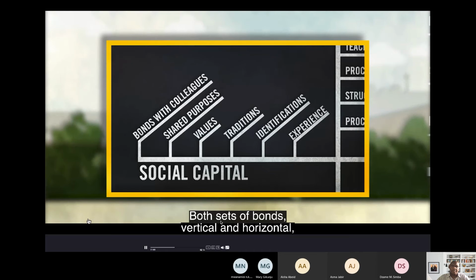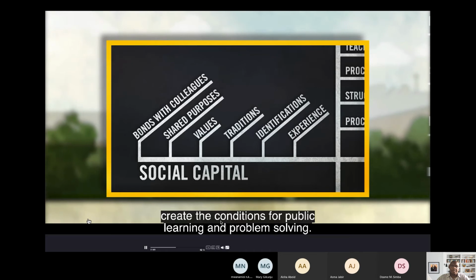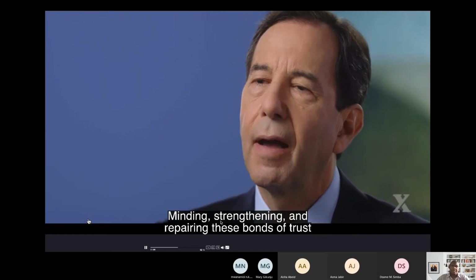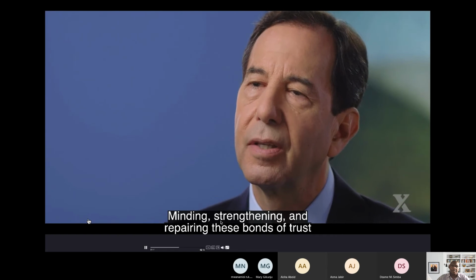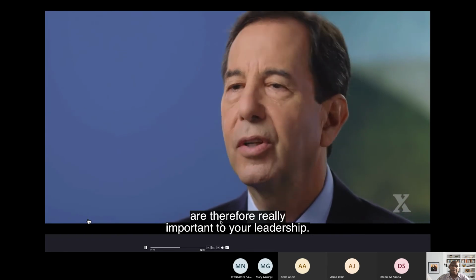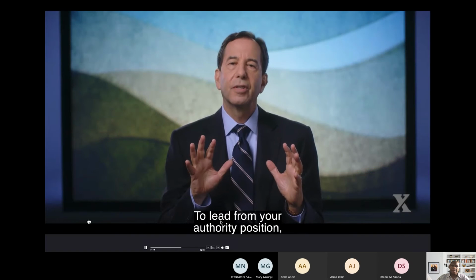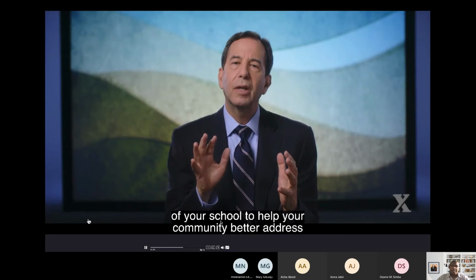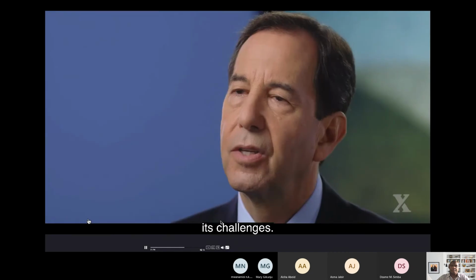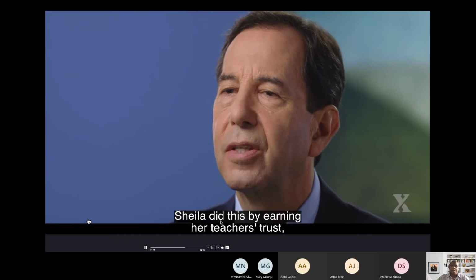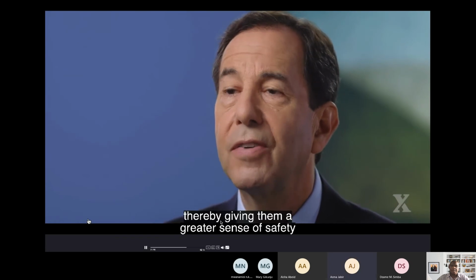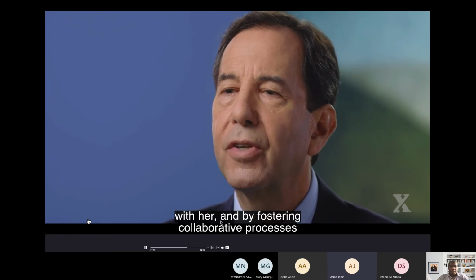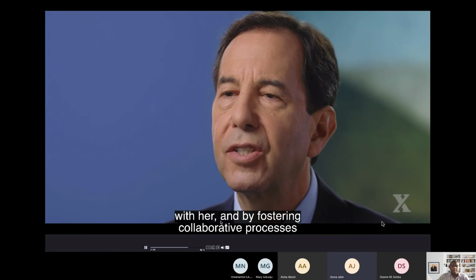Both sets of bonds, vertical and horizontal, create the conditions for public learning and problem solving. Minding, strengthening, and repairing these bonds of trust are therefore really important to your leadership. To lead from your authority position, you will want to strengthen the holding environment of your school to help your community better address its challenges. Sheila did this by earning her teachers' trust, by giving them a great sense of safety.